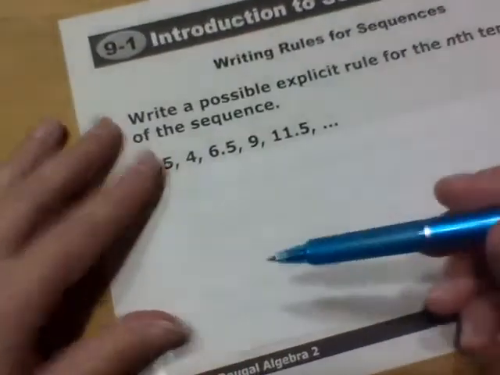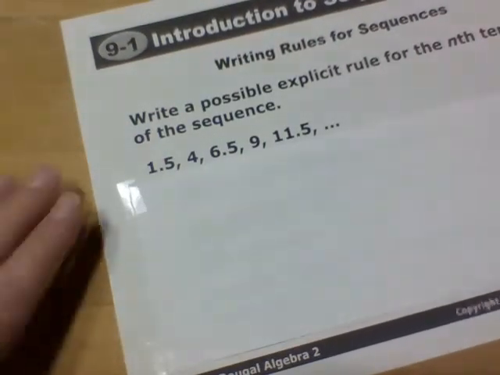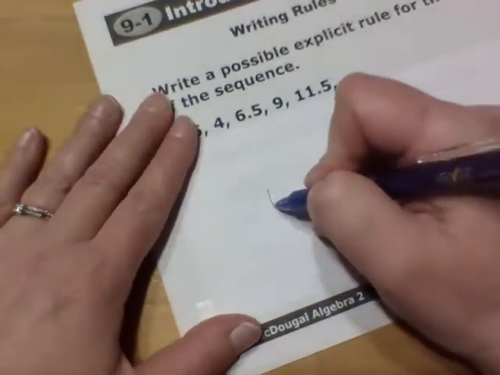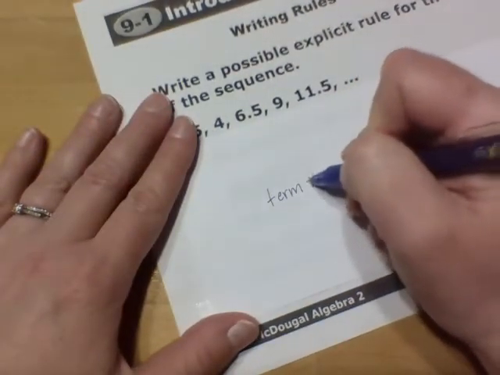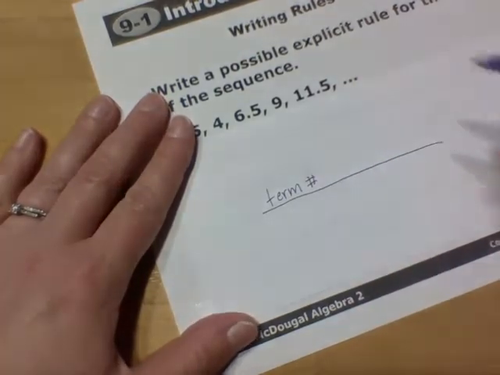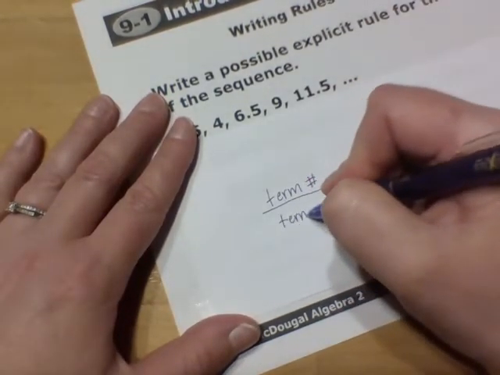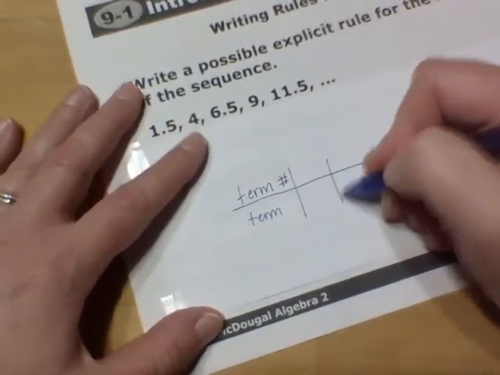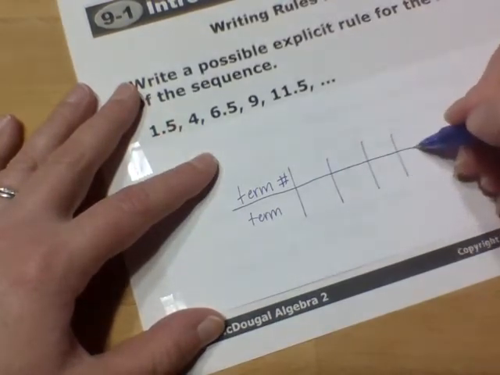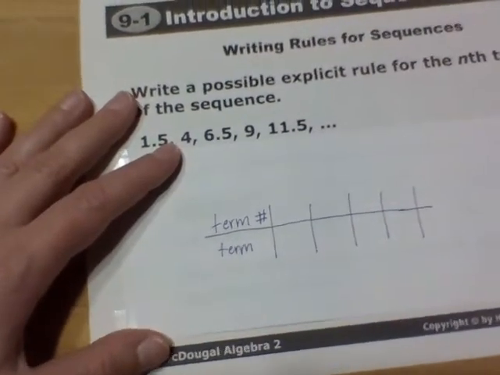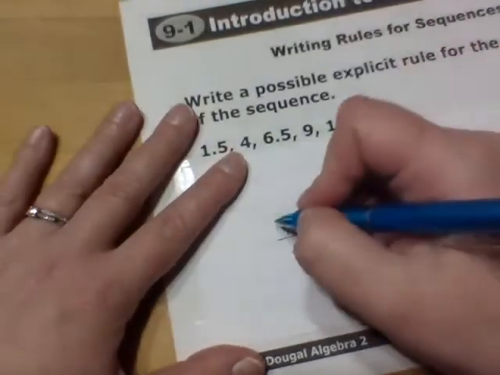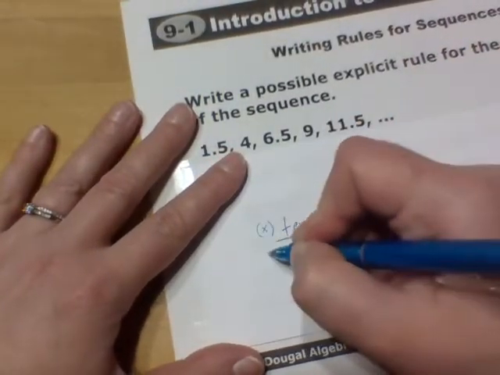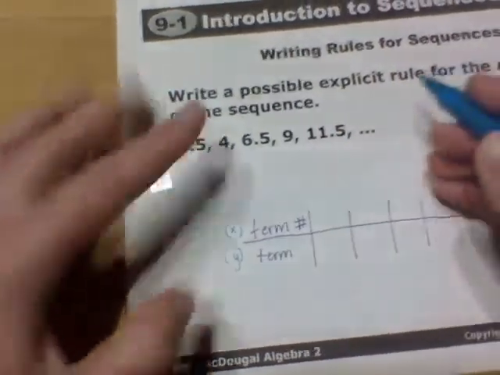So taking a look at the table again, remember that we had our term number, and then we also had our term. And then technically these are feeling like our x's, and these kind of feel like the y's.